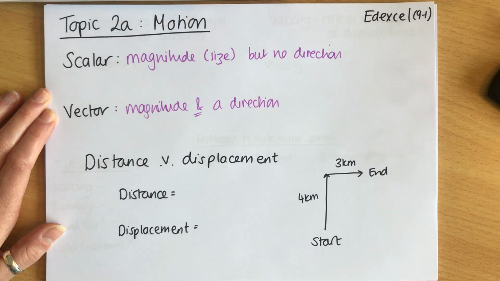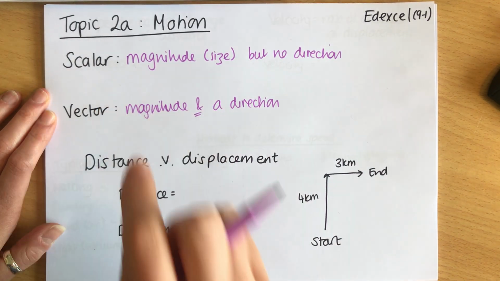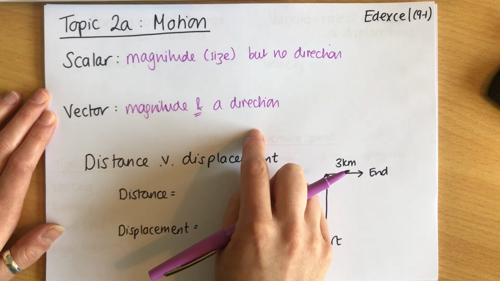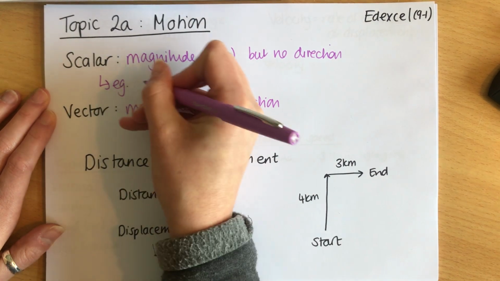Really common examples of this are distance and displacement. If I said to you, I've walked 3 meters, that's just a size, that would be a distance, a scalar. And if I said I've walked 3 meters to the left, that's a vector, it has a magnitude, 3 meters, and a direction.